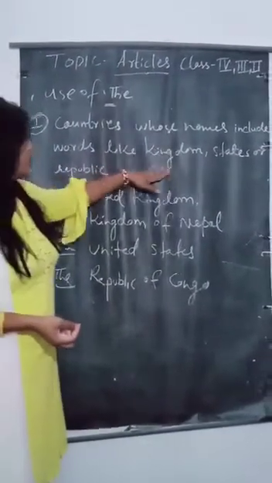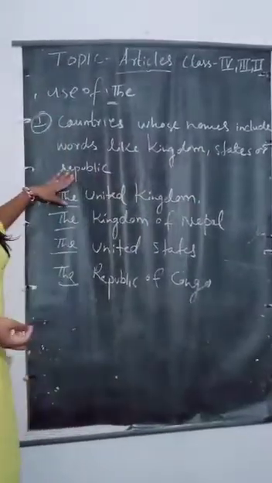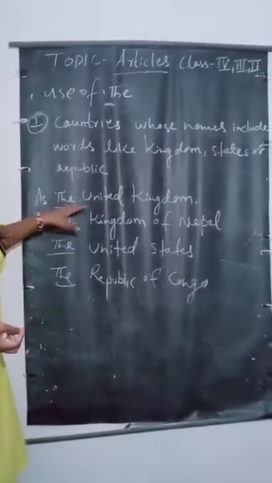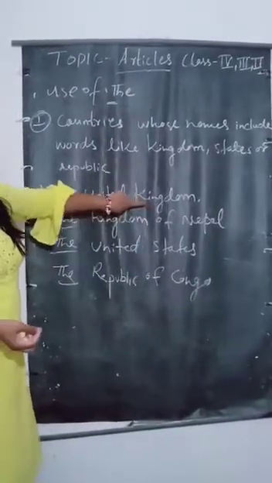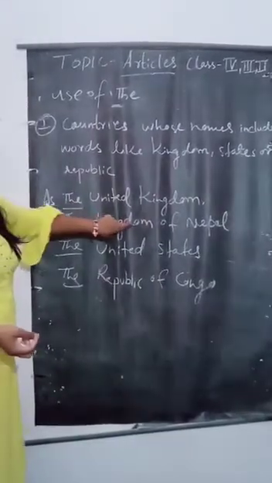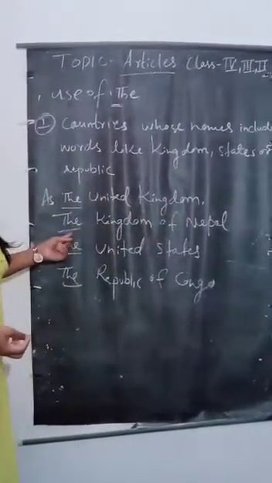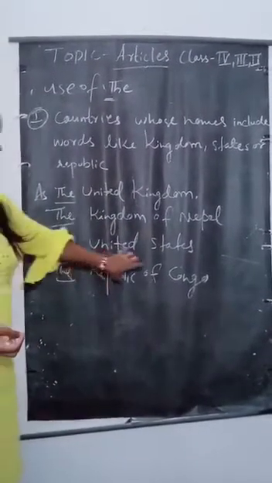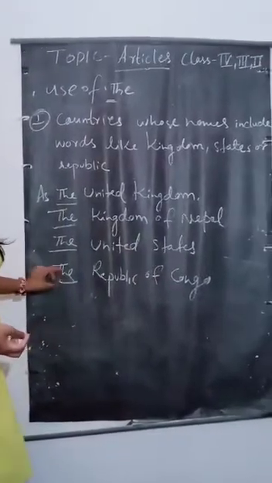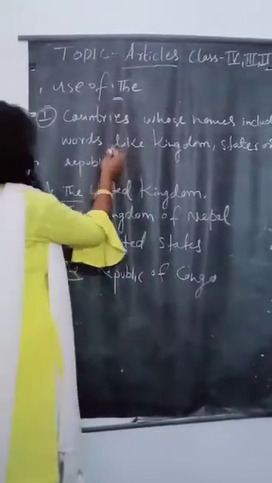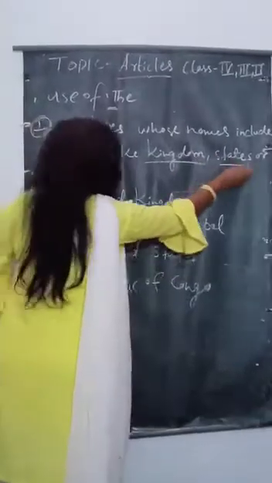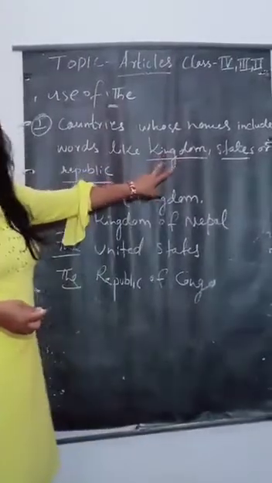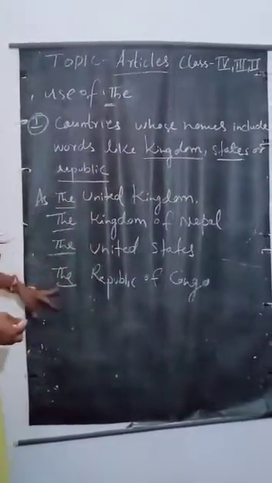We add the before these: the United Kingdom, the Kingdom of Nepal, the United States, the Republic of Congo. Wherever we are given kingdom, states or republic, we add the before them.